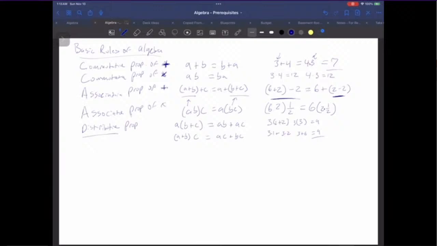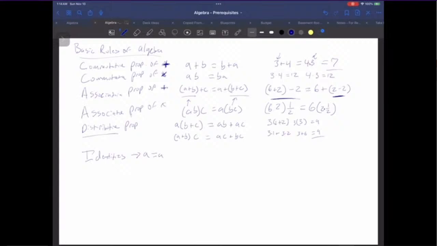Then there's some identities and inverse properties. So the identities will always result in the same number. The very simple one is A is equal to A. I mean, that's not a property, but that's what it's going to end up as.